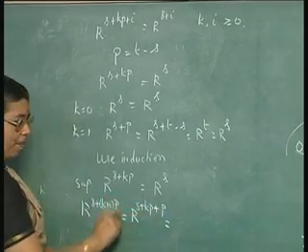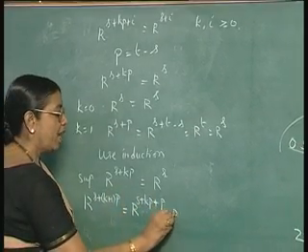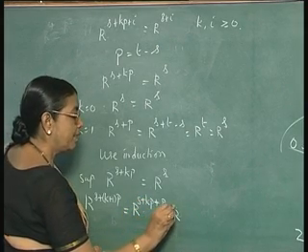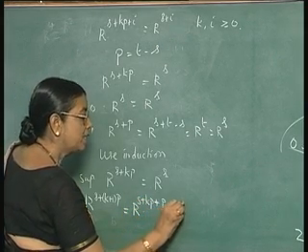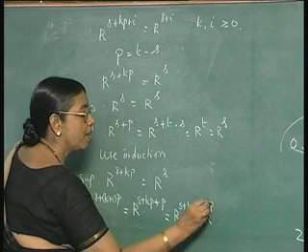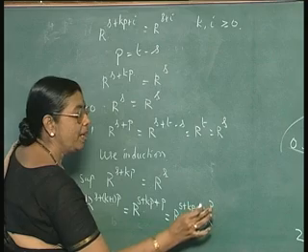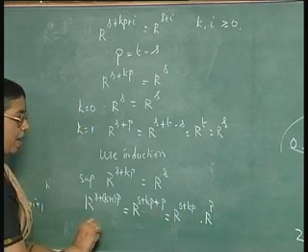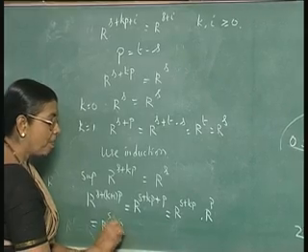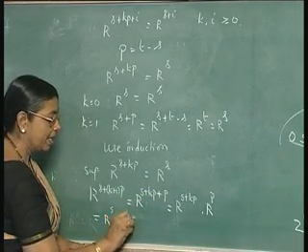what is r^(k+s)? This is r^(s+kp) times r^p, but what is p? r^(s+kp) is r^s, and r^p is t minus s.